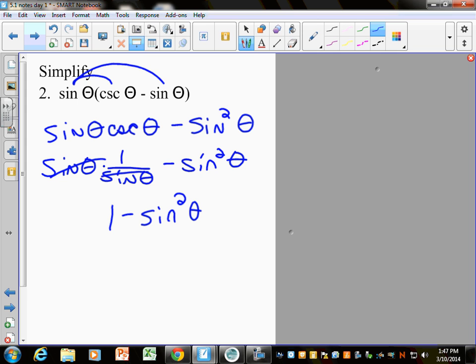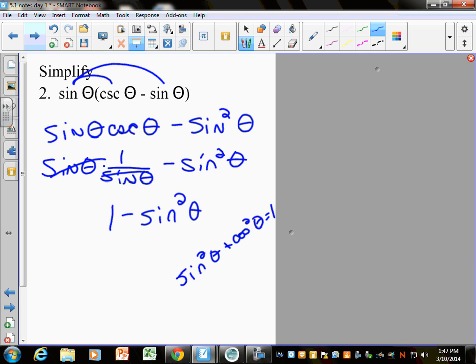And now the only identity that I gave you today that has squares in it is those Pythagorean identities. So look back at your Pythagorean identities. What Pythagorean identity do we have that has sine squared in it? This is what I call my brain work here, which you're welcome to write to the side or underneath.